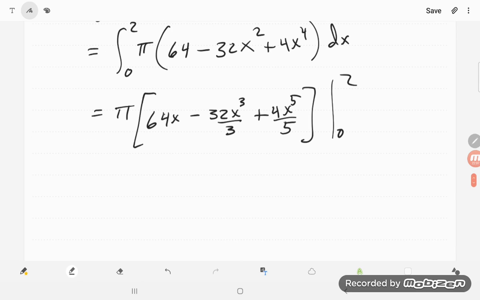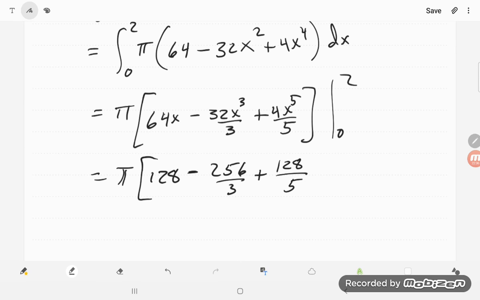At least the 0 makes everything go away. So pi, with 2 we get 128, and then minus 8 times 32 is 256 over 3, and then plus 4 times 32, so that's 128 over 5.